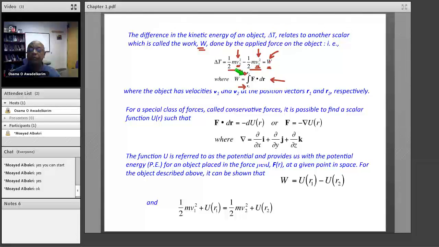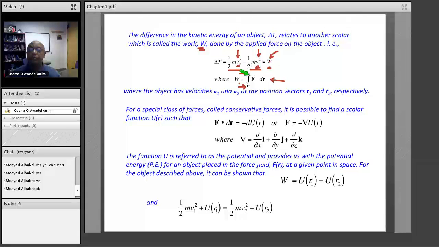So the work done is actually equal to the integral of the force, which is a vector, in a dot product with dr, which is the differential of the position, and this integral is evaluated between R1 and R2, the two positions, position 1 and position 2.